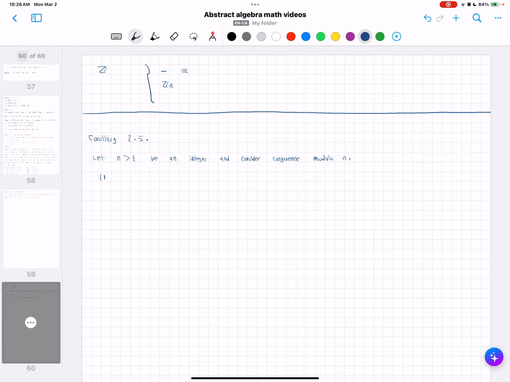Then each congruence class is given by all the possible remainders once you divide by n.